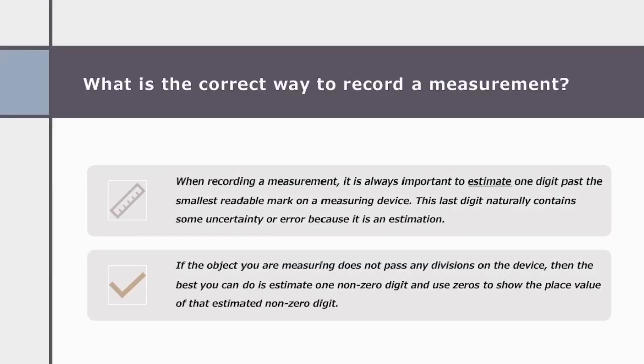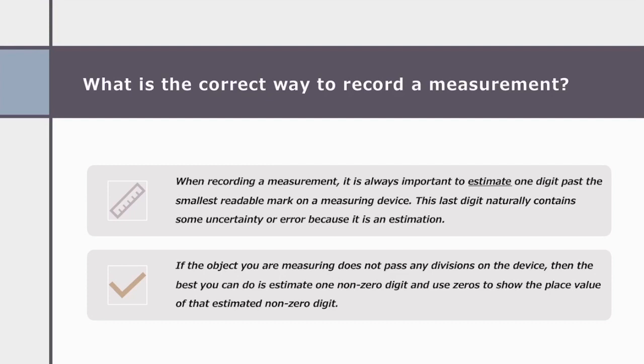Before we do some examples, I just wanted to mention a couple things about measurement that we need to keep in mind. It's always important to estimate one digit past the smallest readable mark on a device, and this last digit naturally will contain some uncertainty or some error just because it is an estimation.